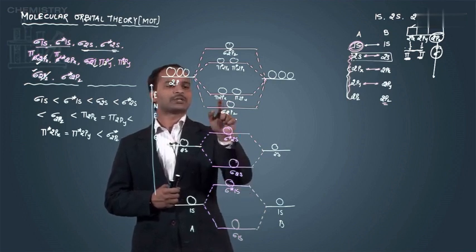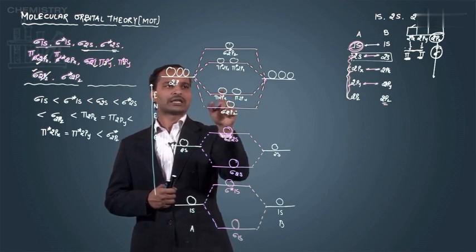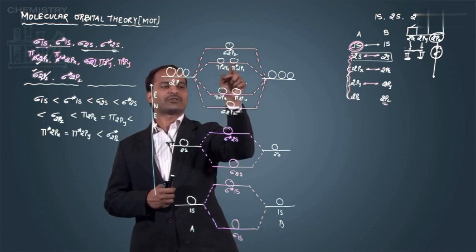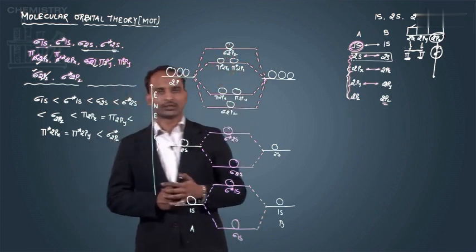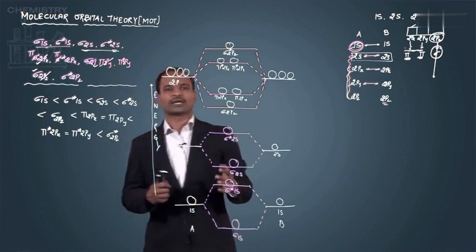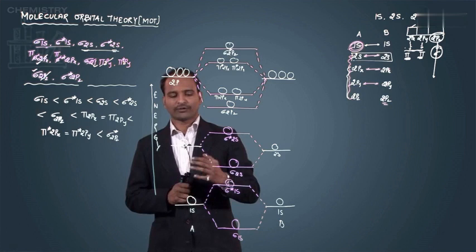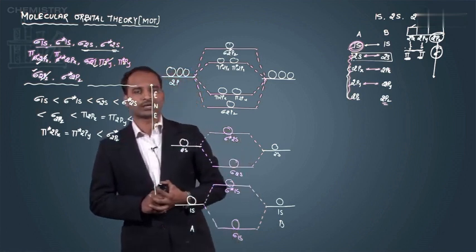After filling sigma 2pz, when the electron reaches this level, it will first fill both singly and then pairing will take place. The same thing here, both have the same energy, so first fill singly and then pairing, and then finally the electron will fill this last orbital. So this is the molecular energy level diagram for molecules in which the atoms have atomic numbers where the electrons are present in 1s, 2s and 2p molecular orbitals.